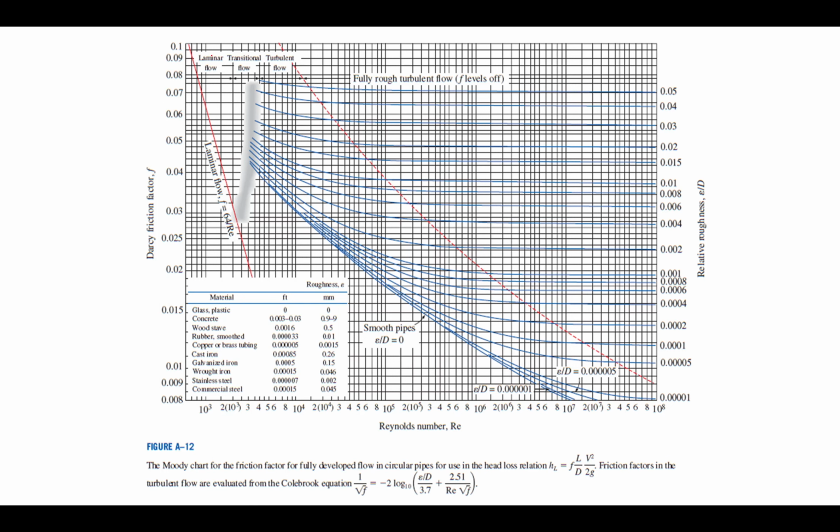So this is laminar flow up to that point, but after that transient flow and turbulent flow, and after these lines is the fully rough turbulent flow. Fully rough turbulent flow means what? Even as your Reynolds number is increasing in the fully rough region, your friction factor depends on what? Only these things.